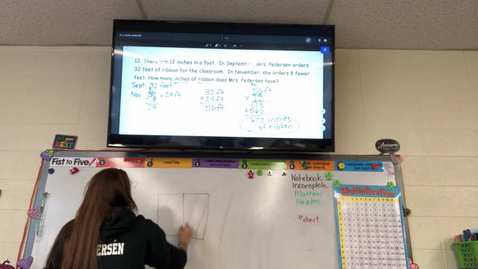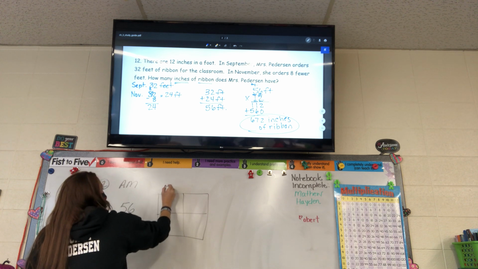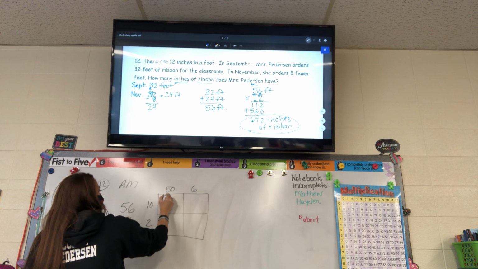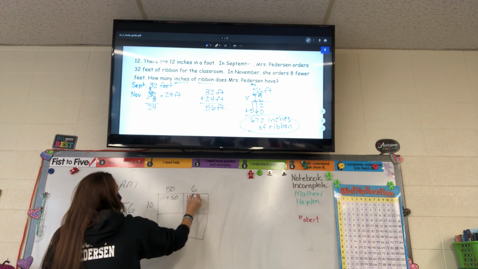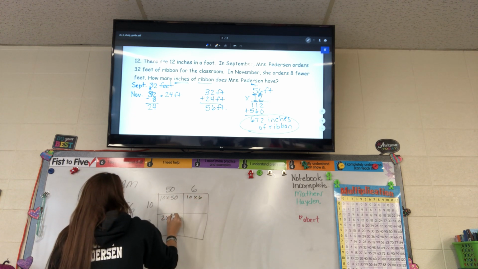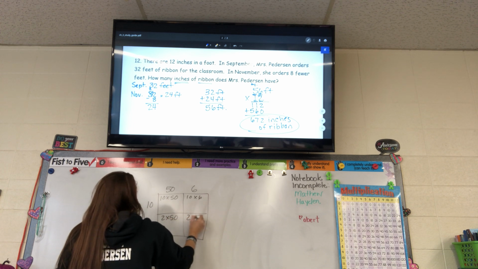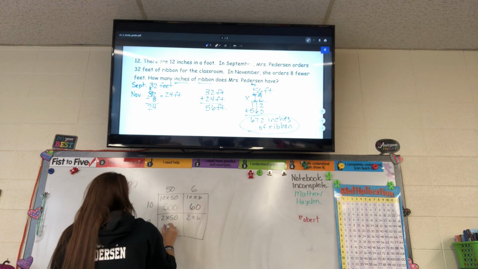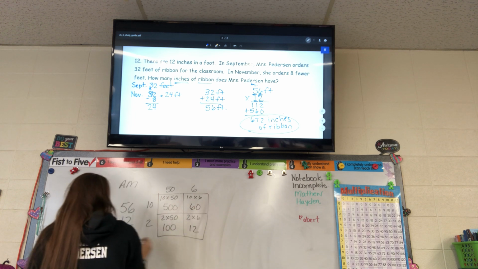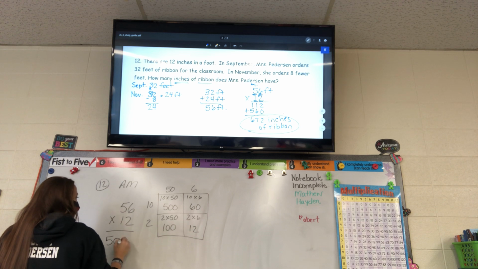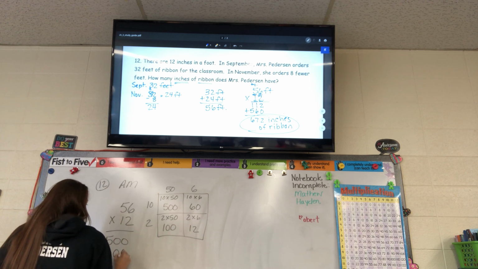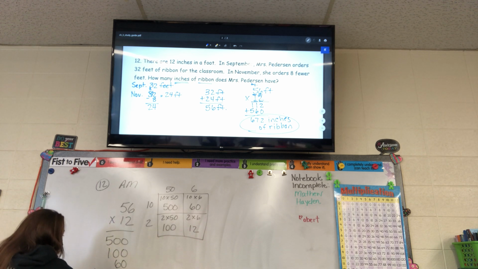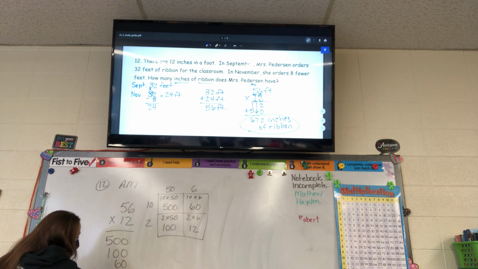Okay, make our box. 56, 10 and 2. 10 times 50, 10 times 6. 2 times 50, 2 times 6. This would be 500, this would be 60, this would be 100, this would be 12. So 500, 100, 60, 12. When you add those together, you get 672 inches.